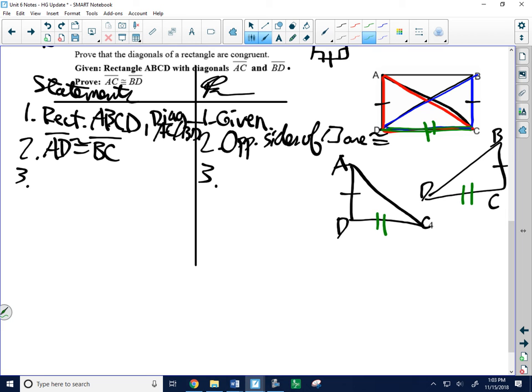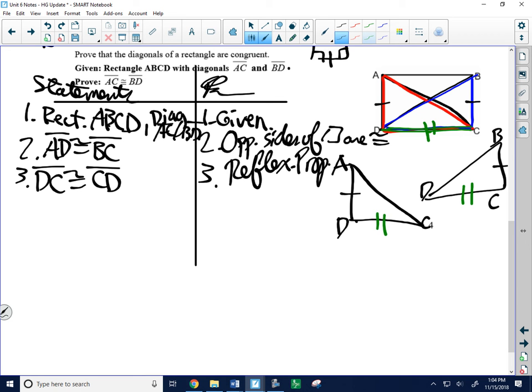So let's do that one. DC is congruent to CD. I think this one makes sense because what's going to be D down here is going to be a right angle. And so I have to match up the right angle in the red triangle, D, with the right angle in the blue triangle, which is C. So it's D to C and C to D. That's reflexive property.